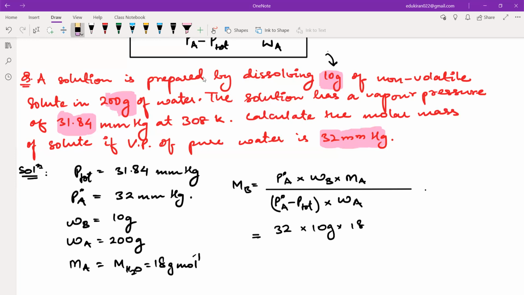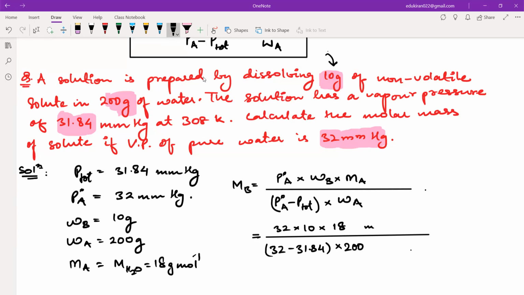Let me ignore the units, okay? We'll write the units at the end. P naught A 32, WB is 10, MA is 18, 32 minus 31.84 into WA is 200 grams.